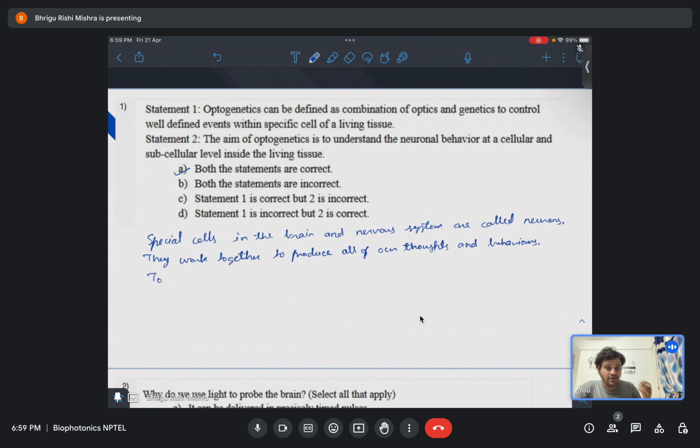Now it's difficult to understand these neurons.